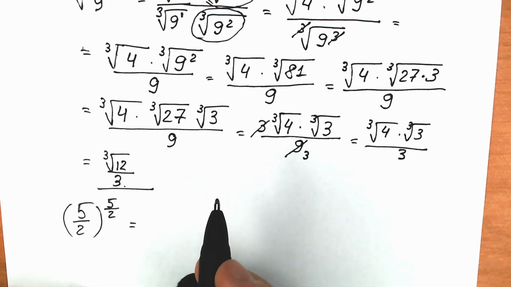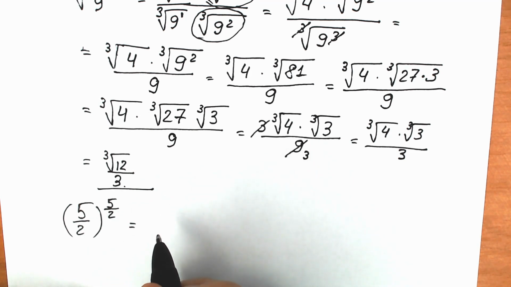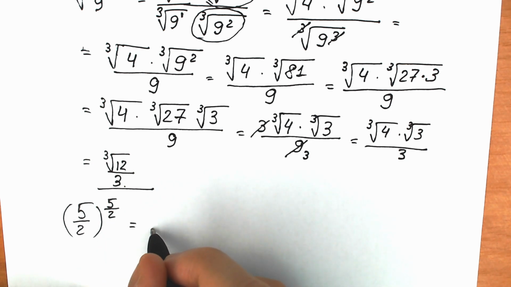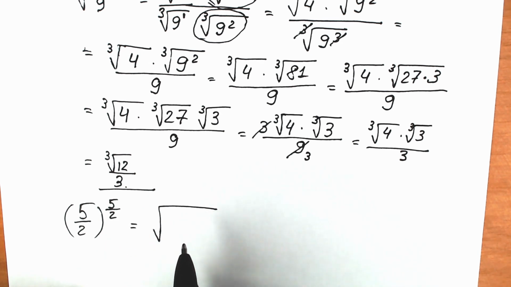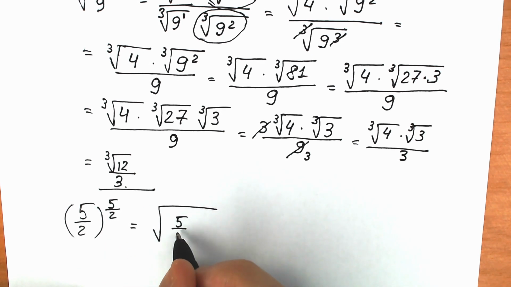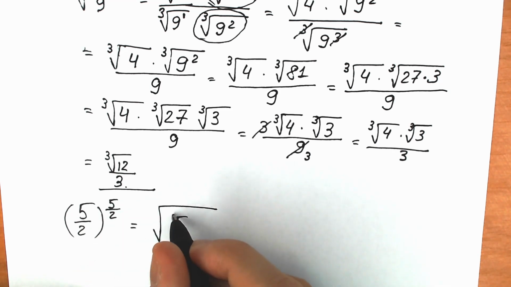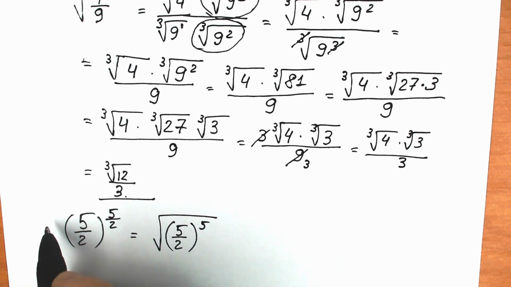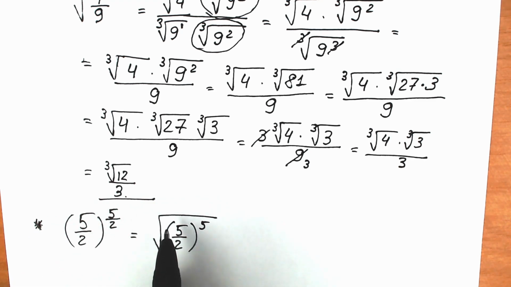So first of all, as I told before, we're going to rewrite it in terms of root. Right here we have second root because we have a 2 in our denominator. So this is our square root of 5/2 to the power 5. All right, so I really hope you understand this step, because we are talking about square root.